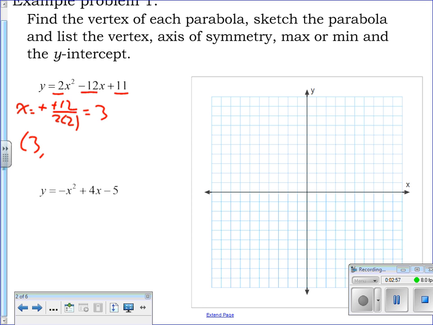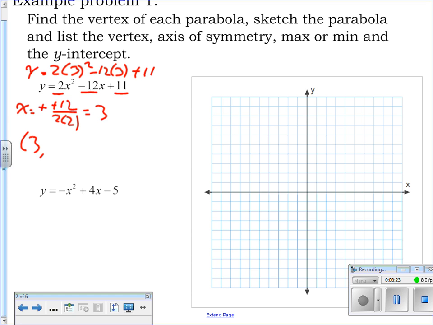Now I have to find the y-coordinate. To find the y-coordinate, I take 3, plug it into the original problem for x, and simplify. y equals 2 times 3 squared minus 12 times 3 plus 11.